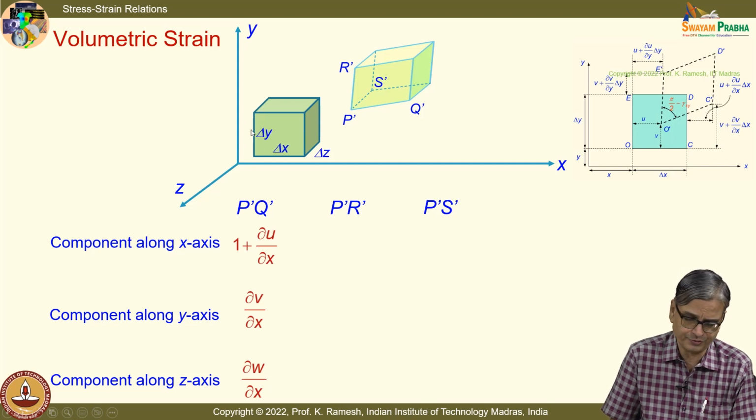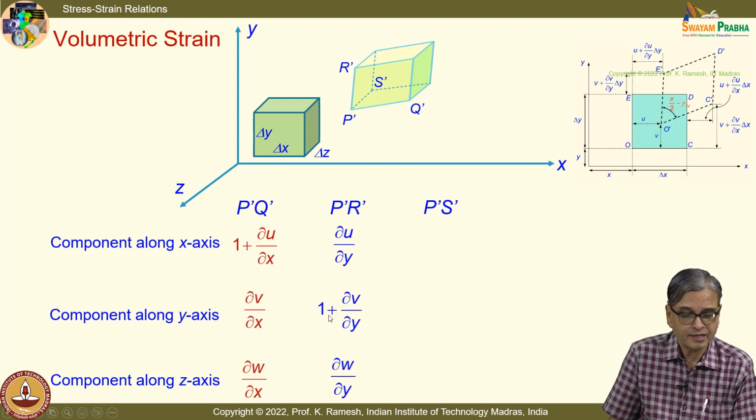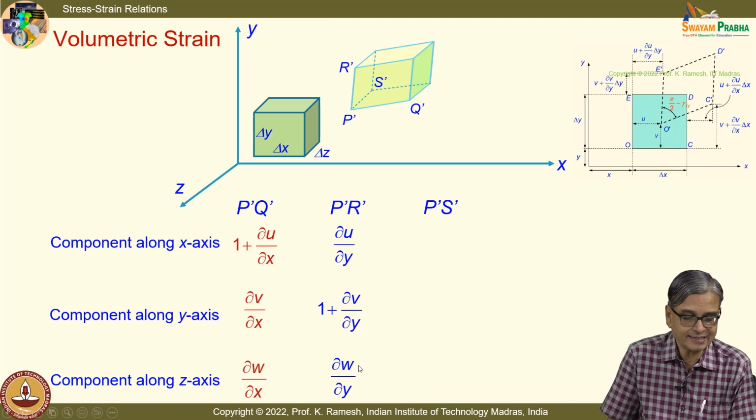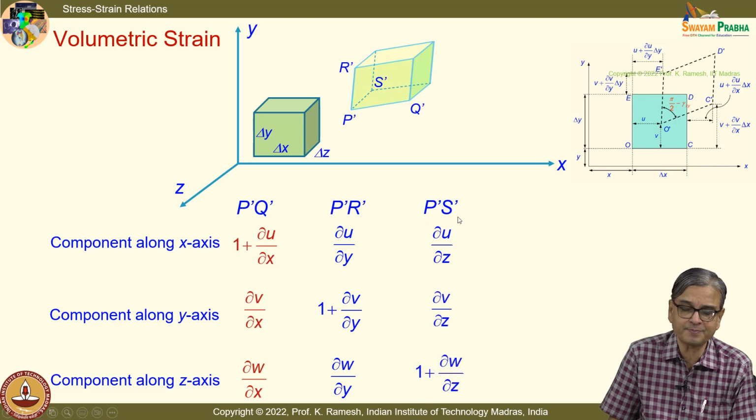Delta z is also 0. So, when I do that, I get this as dou u by dou y, the component along y-axis as 1 plus dou v by dou y, and the component along z-axis as dou w by dou y. Similarly I can also write it for P prime S prime. I get this as dou u by dou z, dou v by dou z, and then 1 plus dou w by dou z.